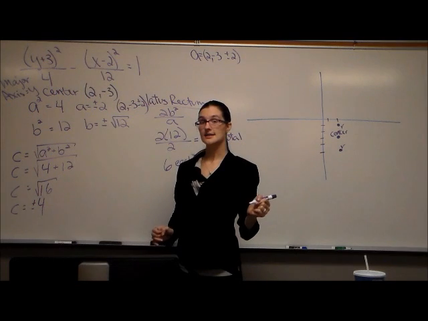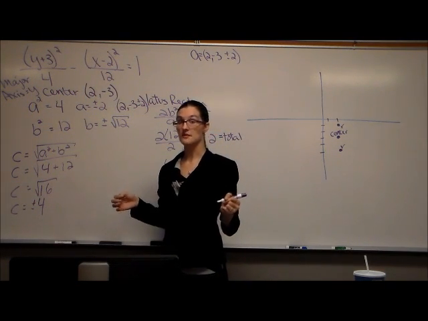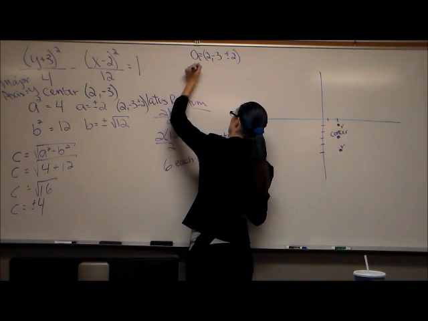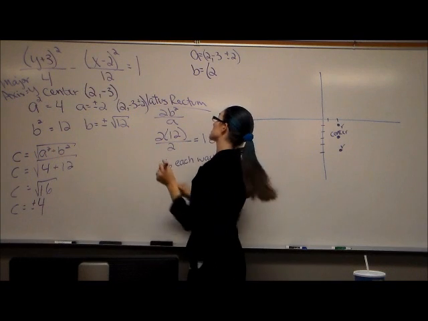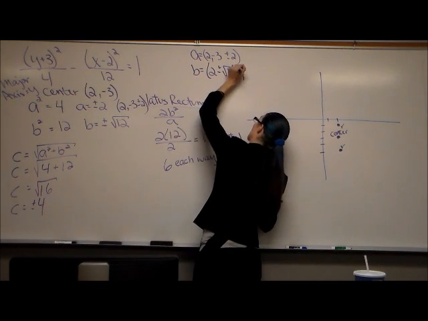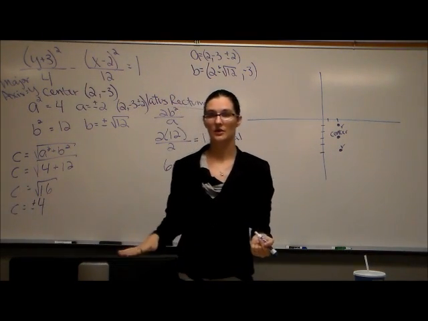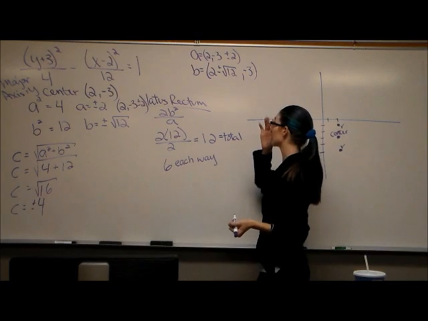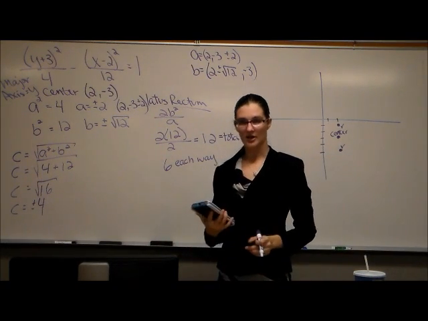B is your minor axis. So you're going to change the minor axis value of the center. So B, you're going to do 2 plus or minus √12, comma, -3. The major axis value gets left alone. Only the minor axis changes for B. So for this one, that's not something we can figure out nice and easily in our head.